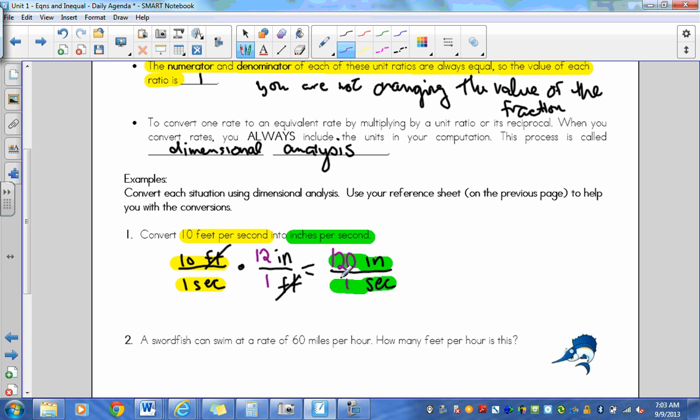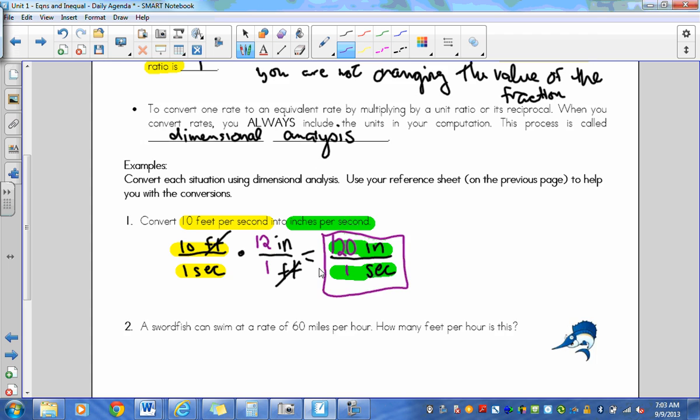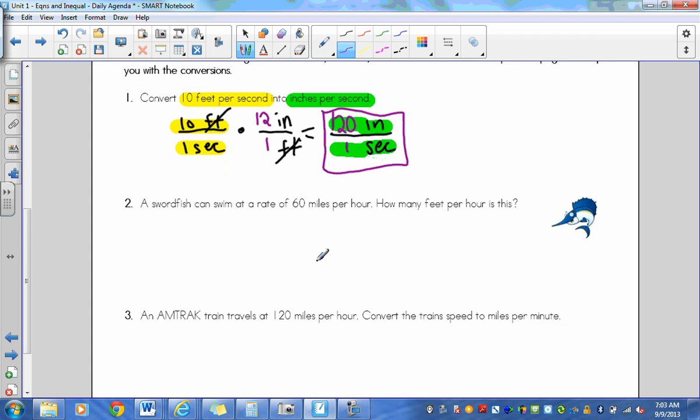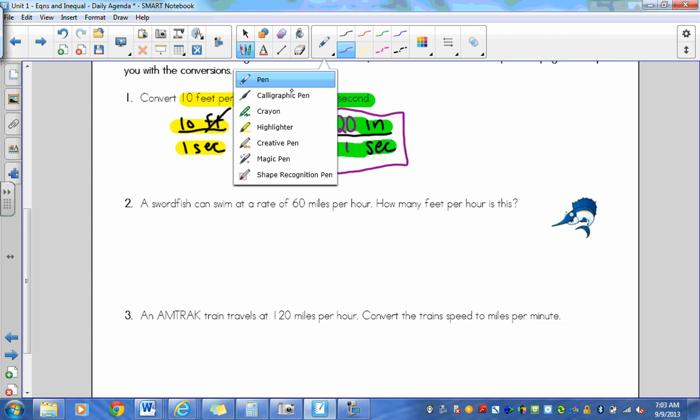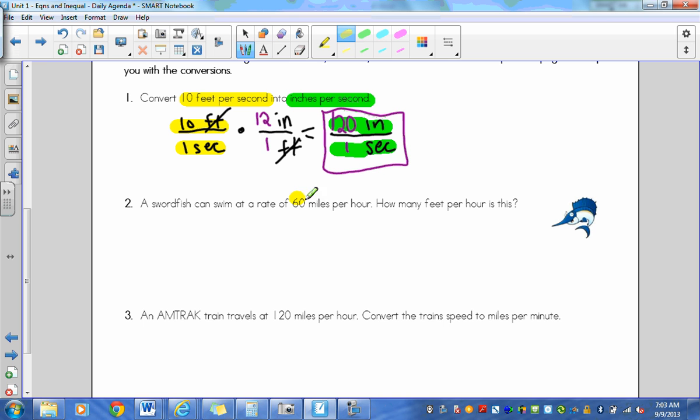That should make sense too because we originally had 10 feet per second, and each of those feet is worth 12 inches. 10 times 12 is 120 inches per second. This is your converted speed.